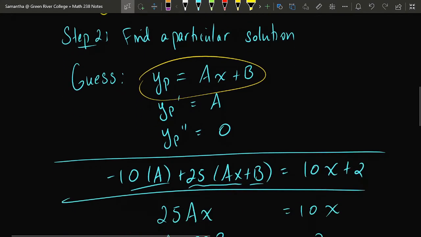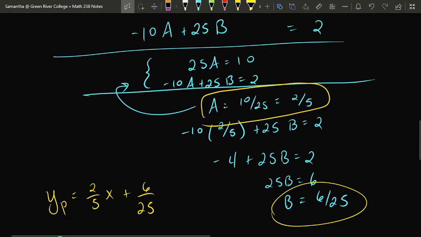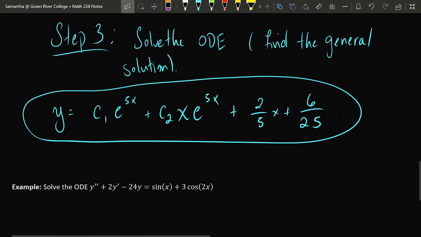Then use the method of undetermined coefficients to cook up a particular solution. Guess a solution of a format similar to the function on the right side of your equation, and try to use algebra to figure out the values of those constants. And finally, in your final answer, put together your complementary function and your particular solution from steps 1 and 2.